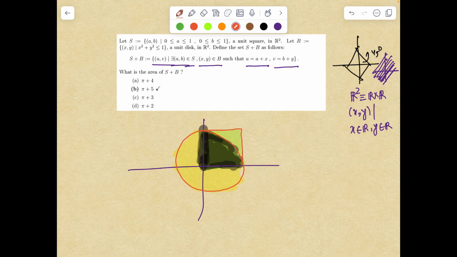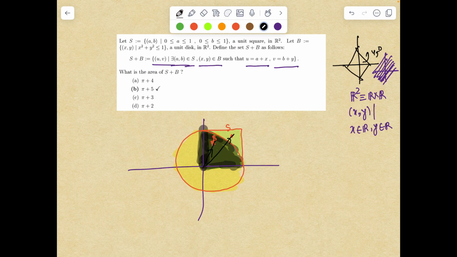Now we need to take any point over here from the square, let us call that point S, and I can take any random point B from the unit disk, and we need to add these. The addition is very obvious because we can add them vectorially.